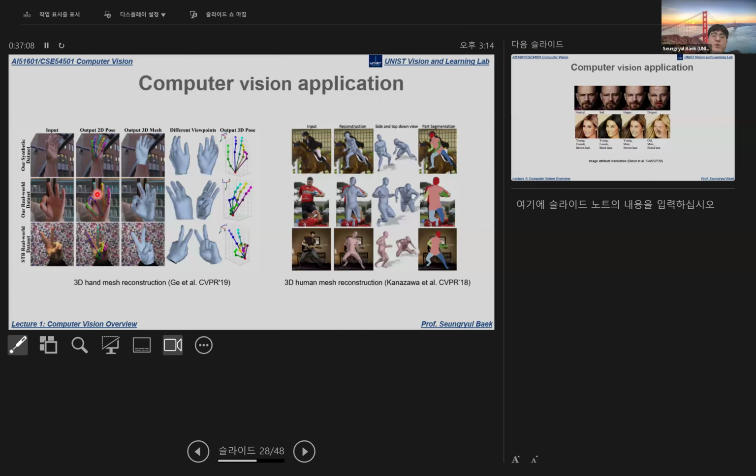Given this RGB image, we can reconstruct the XYZ coordinates of each joint. And using deep learning architectures, we can now even reconstruct this type of 3D mesh.